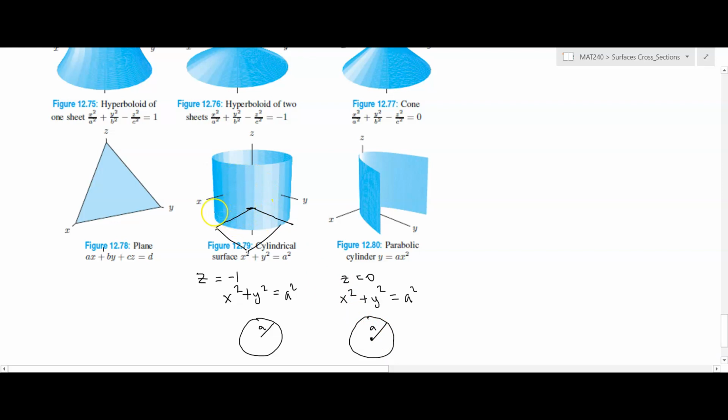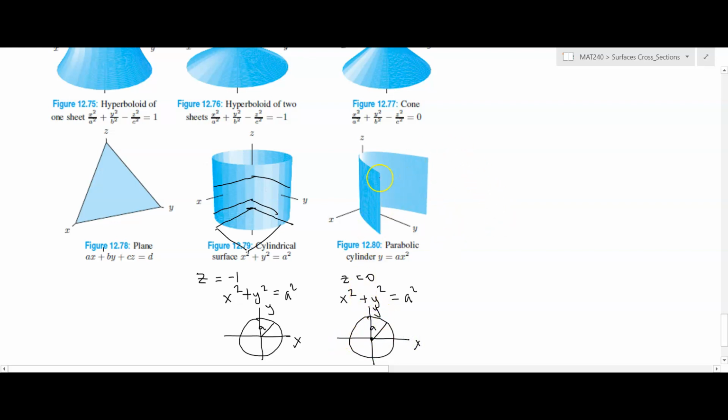And therefore, at all of these different values of z, whether I slice it here or I slice it up here, what I'm going to see is the imprint of a circle on that xy plane. So if I hold z constant, what I should see is that the relationship between the x-axis and the y-axis is a circle. Again, same thing here.